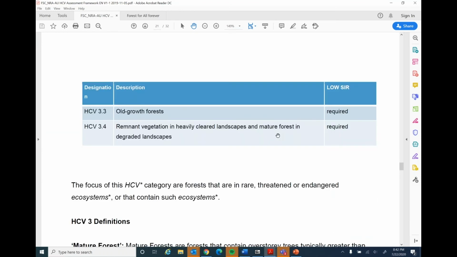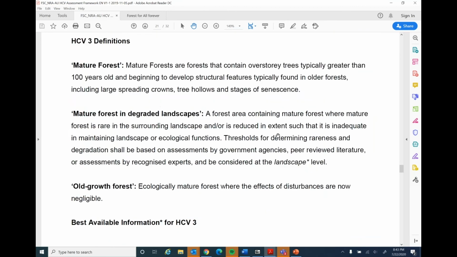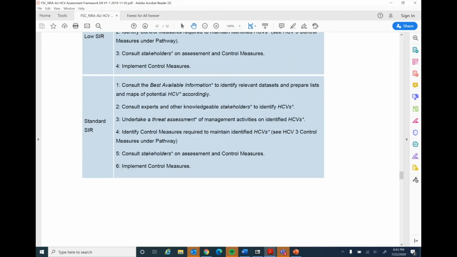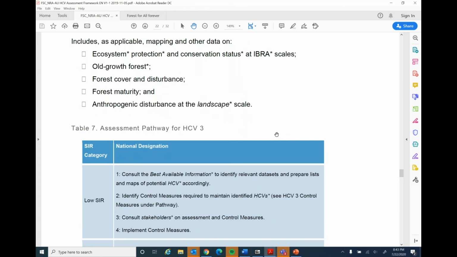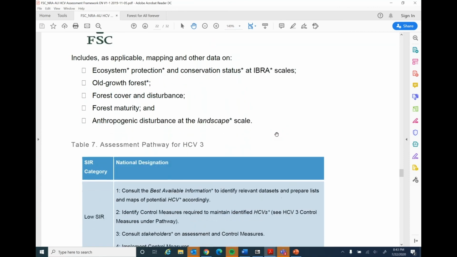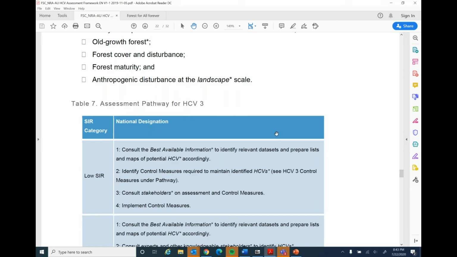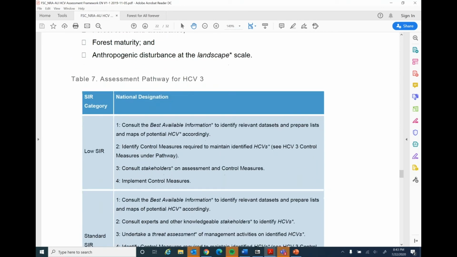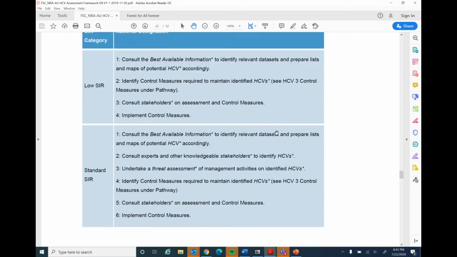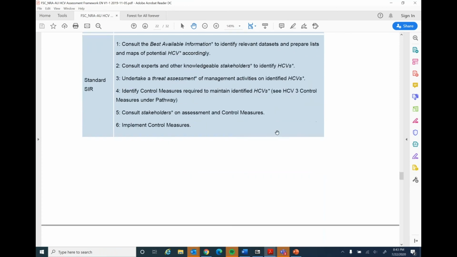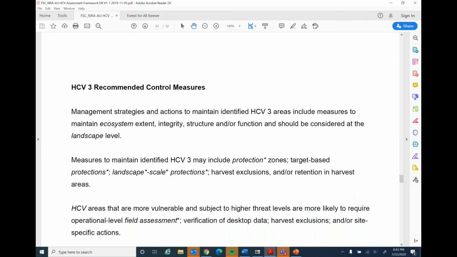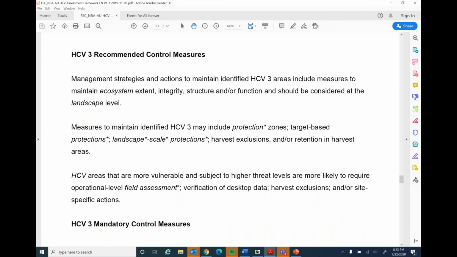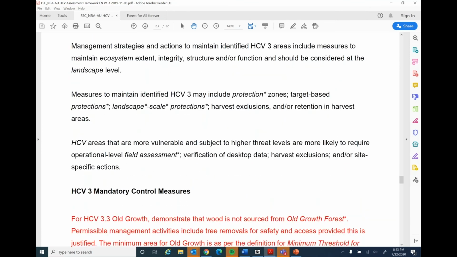And then the definitions. And then again, there's a list of best available information that you can refer to. And then we have the assessment pathway, followed by the control measures. So here again, we have recommended control measures and the mandatory control measures.